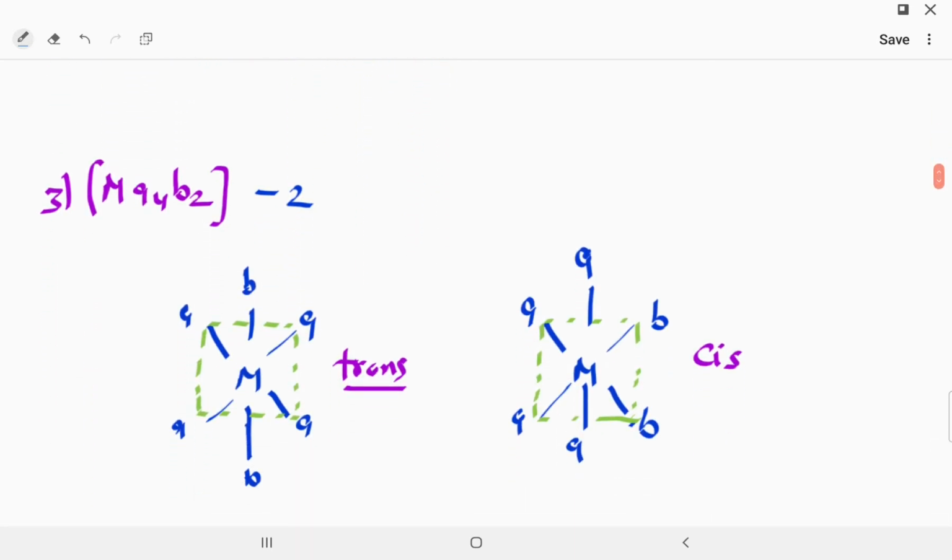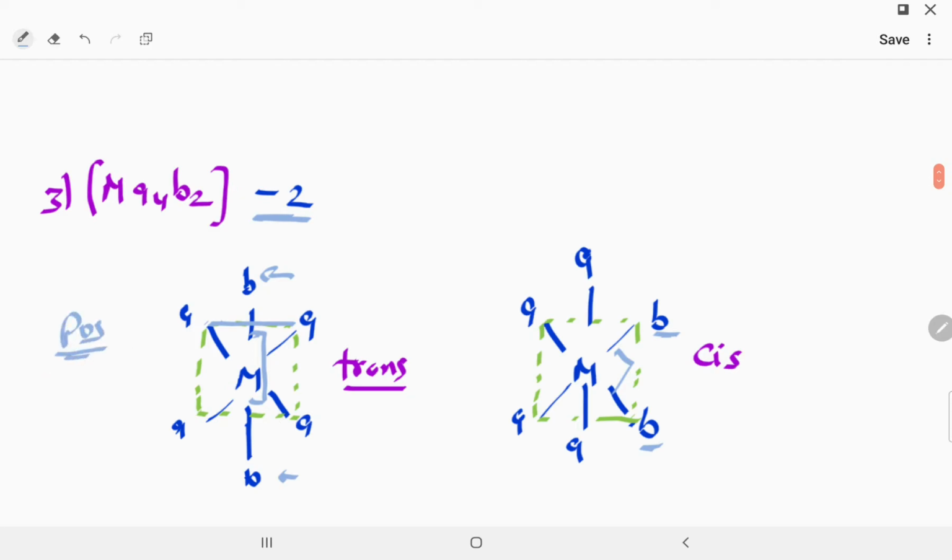Now MA4B2 will show two types of geometrical isomer, in which you can see that this B and this B are trans, or we can say this B and this B are on cis position. This is 90, this is 180, and you can see this green dotted line is a POS line, a plane of symmetry.